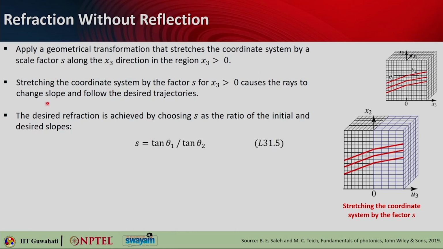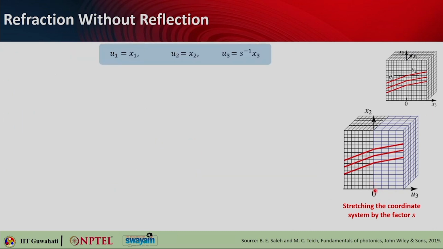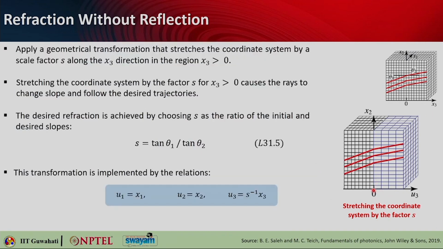So, you can choose s as tan theta 1 over tan theta 2. This is how you can find the stretching factor, and once you have that, you can find the relationship for the transformation. This is the transformed axis. The plane is x1 equals 0, so x1 is coming out of this screen.